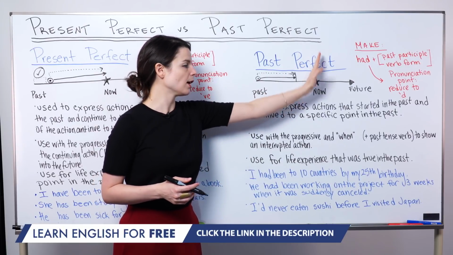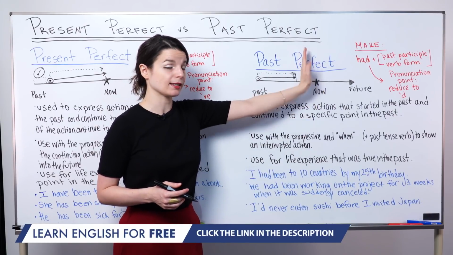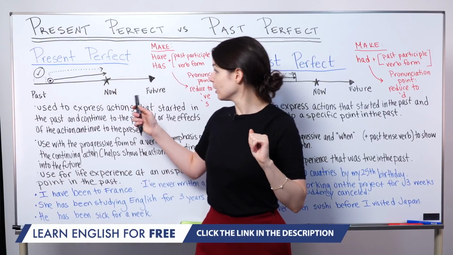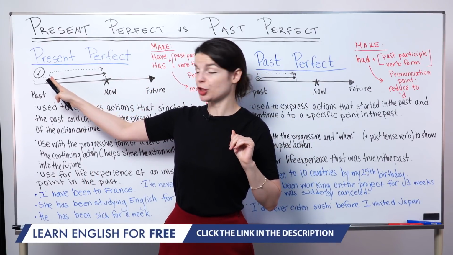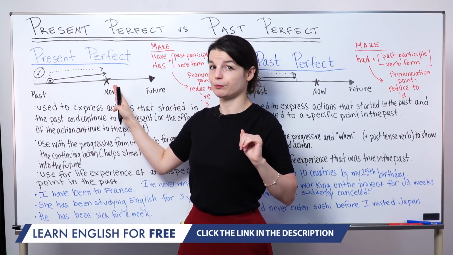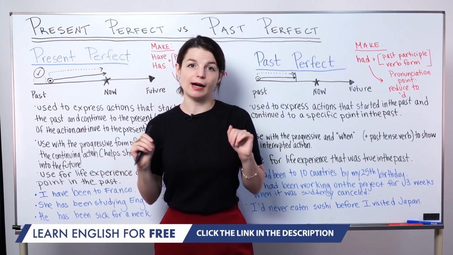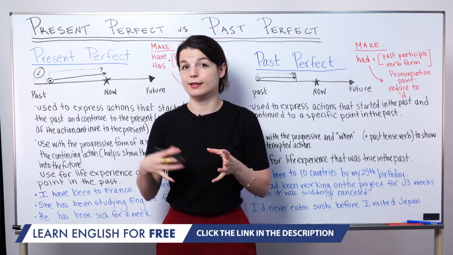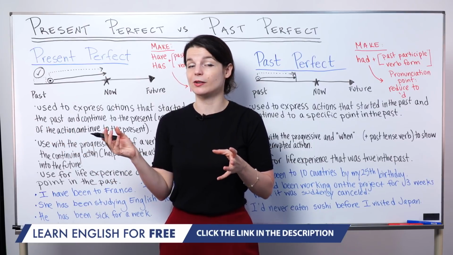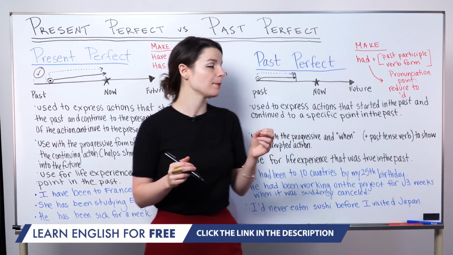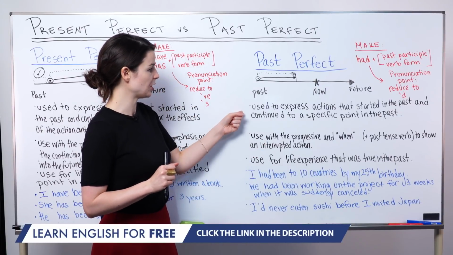So we're not talking about the present here. Everything happened in the past. Here, we're talking about the relationship between the past and now. So keep this in mind. These sentences can be used to talk about things that happened in the past, continued, and then stopped at a certain point in time. So let's look at the explanation.